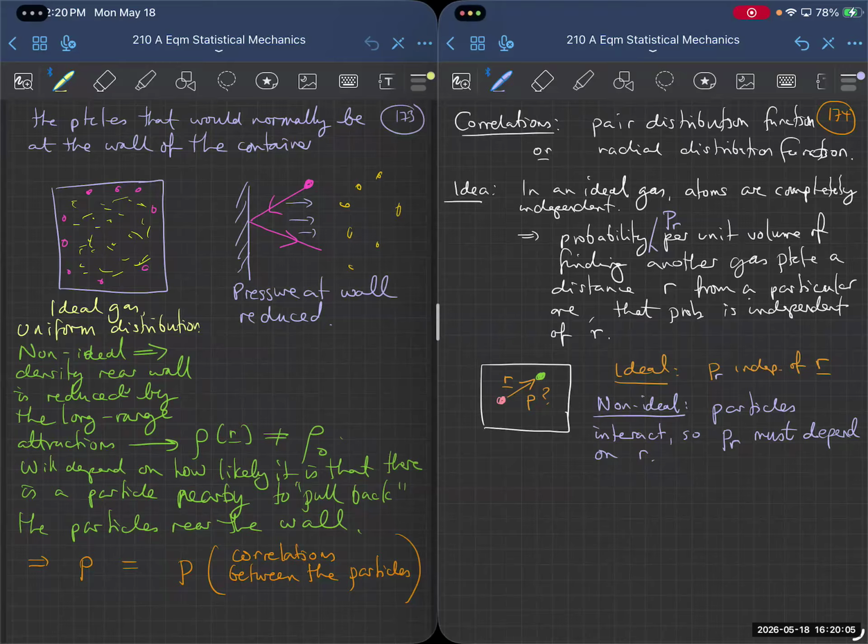So then it looks like that. Okay, so that's what we're going to try to calculate.